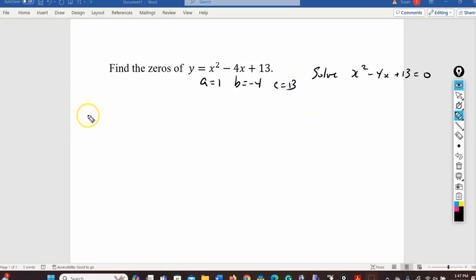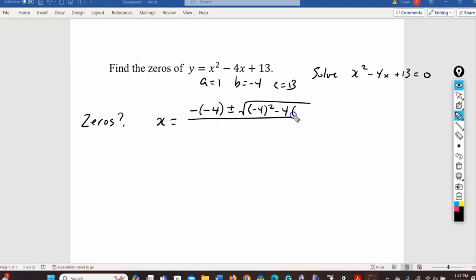So the solutions, or the zeros, are going to be x is equal to negative b, negative negative 4, plus or minus the square root of b squared minus 4 times a times c, all over 2 times a. So let's clean it up. The negative and negative 4 is positive 4.